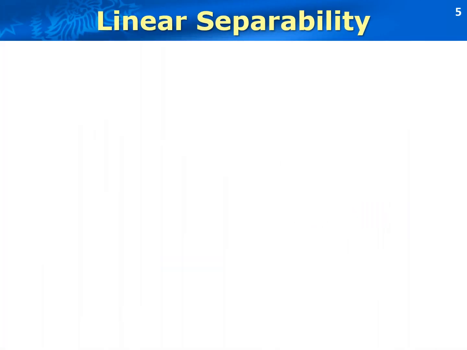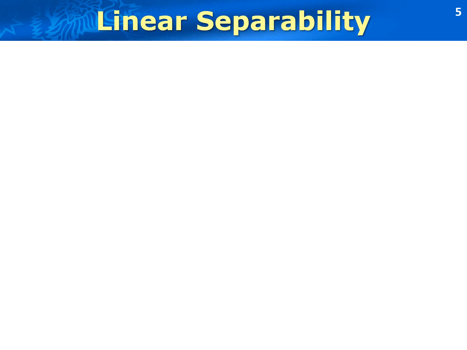Next, let's look at the linear separability of a logic gate. Linear separability is an important concept in neural networks. The idea is to check whether we can separate data points in an n-dimensional space using only n-1 dimensions. For example, a two-input logic gate is said to be linearly separable if there exists a line separating the two types of data points in 2 dimensions.